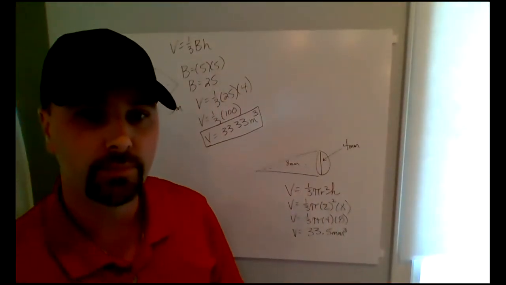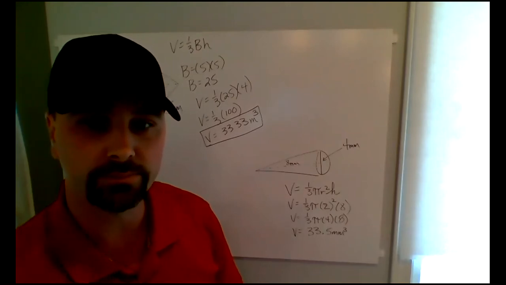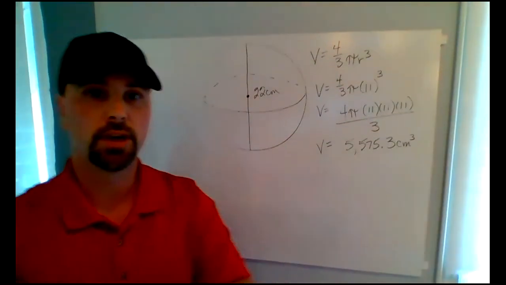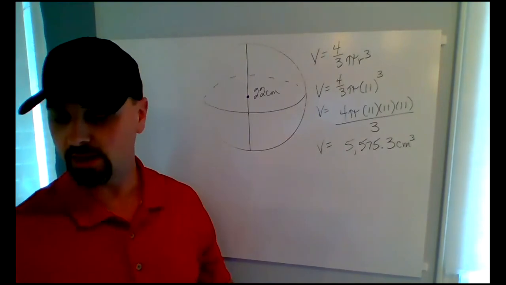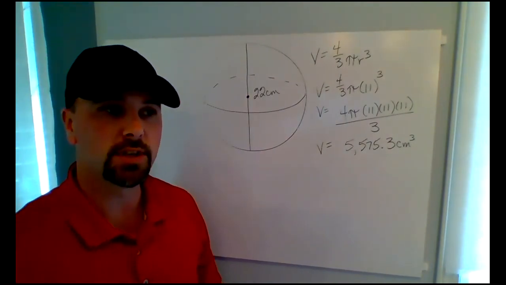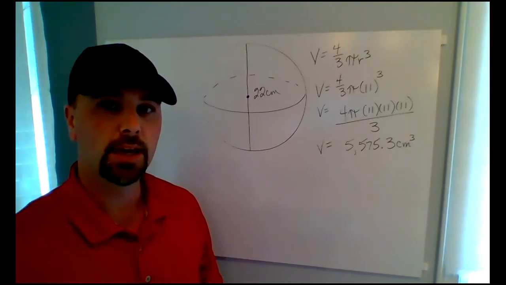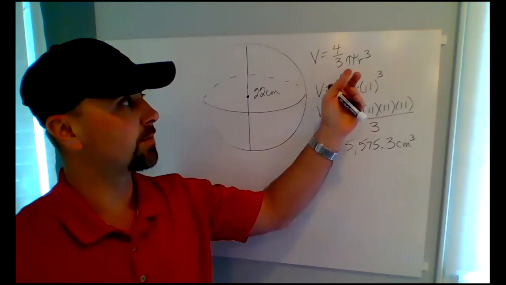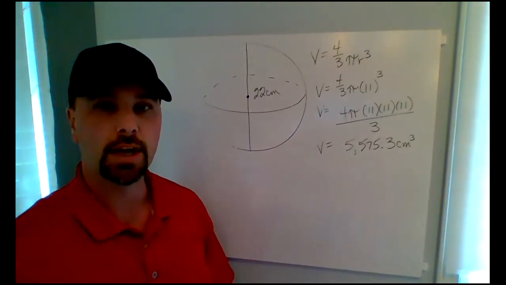So go ahead and try the next one. We'll go through it. All right, and now we're back with this problem. So start by identifying the shape. The shape is a cylinder. I'm sorry, it's not a cylinder, it's a sphere. It's like a ball. And write the formula down: 4/3 times pi r to the third power, cubed.